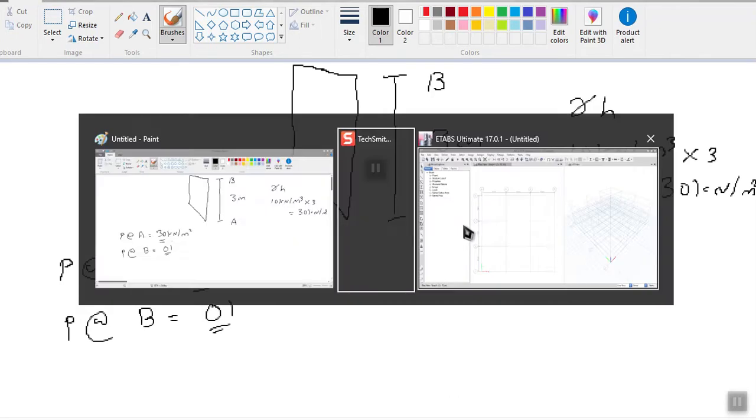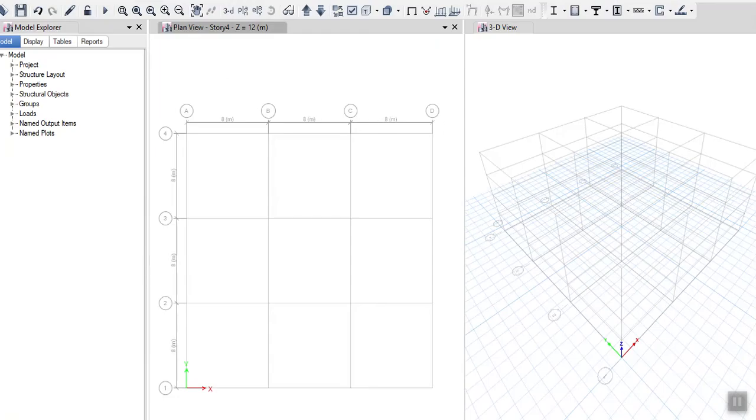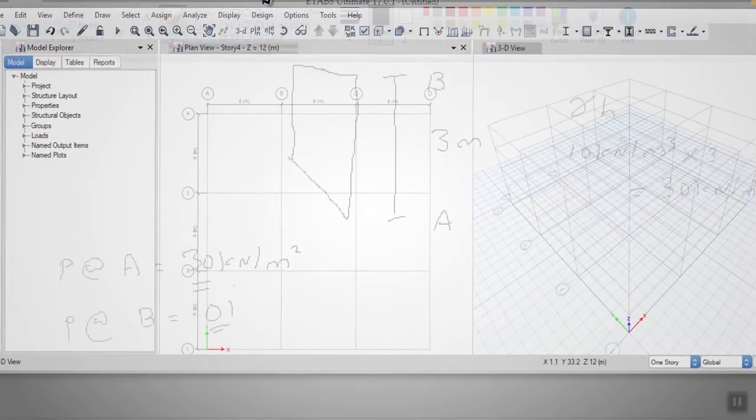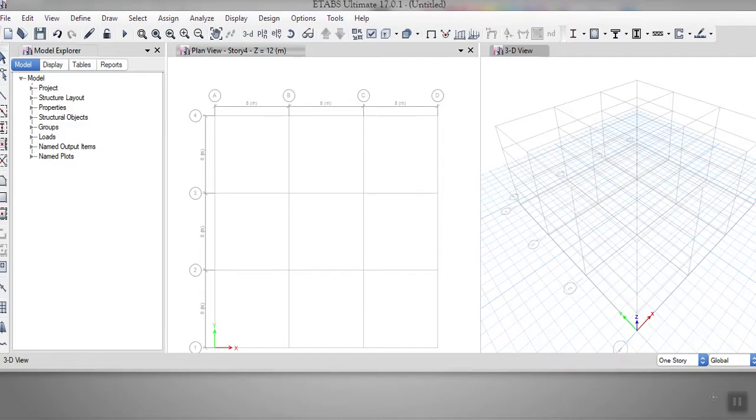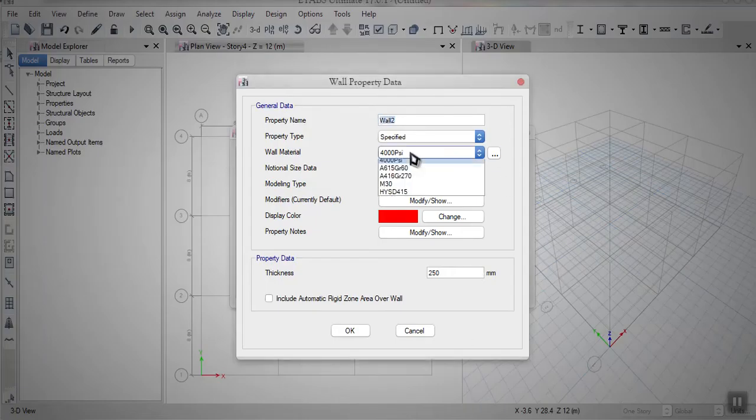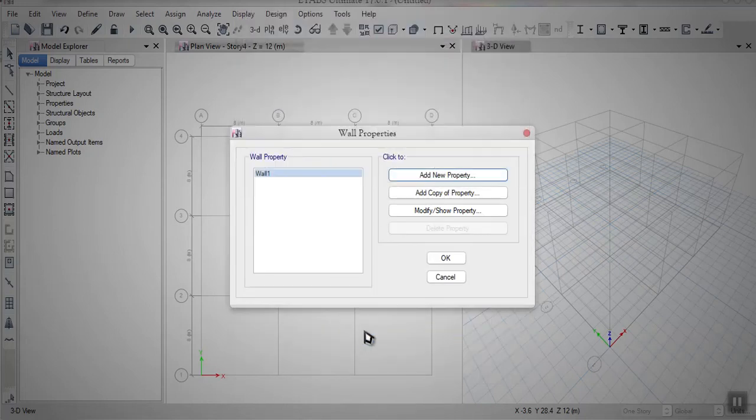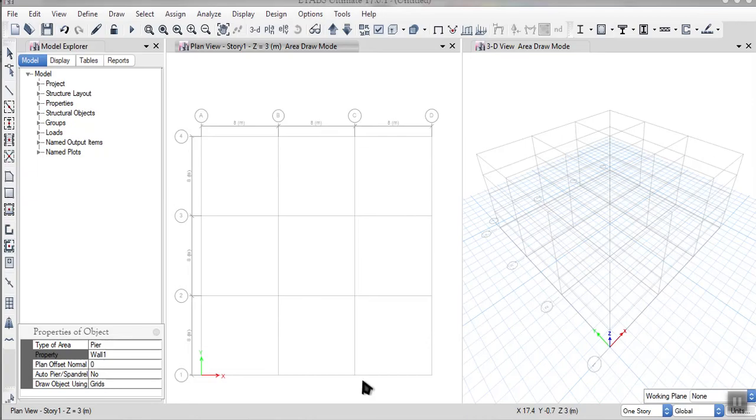So now if you open ETABS, you can see that I'm adding a new property of M30 and shell thin to wall having a thickness of 200. You pick a wall having W2 as a property and place it right here.